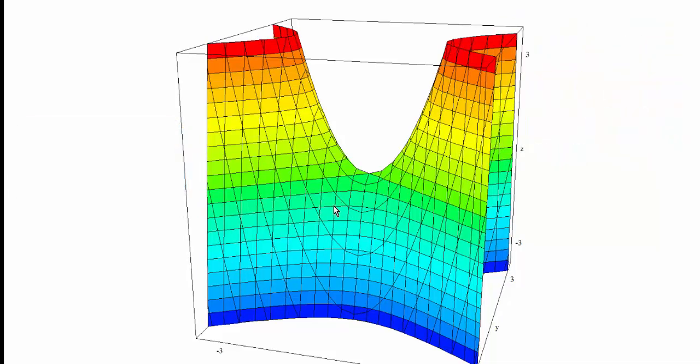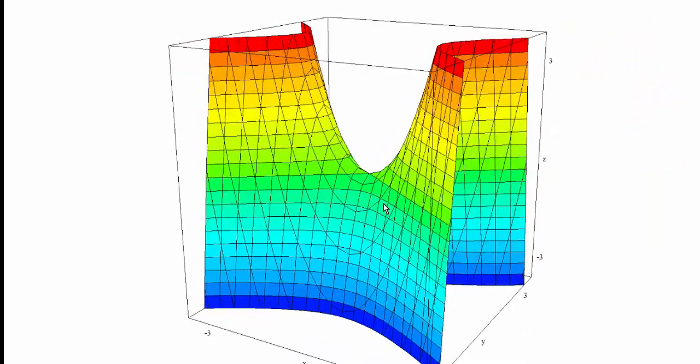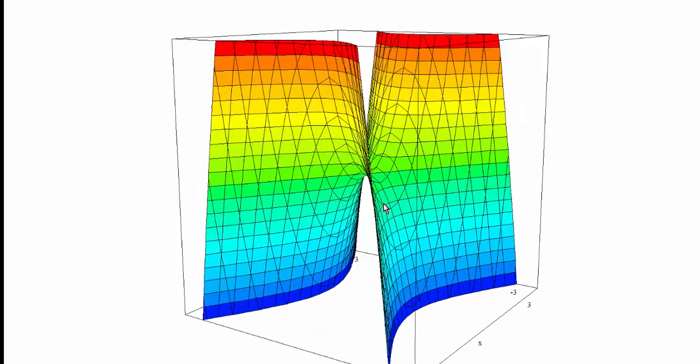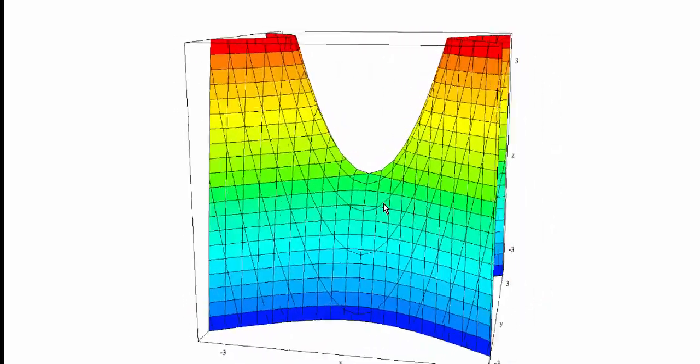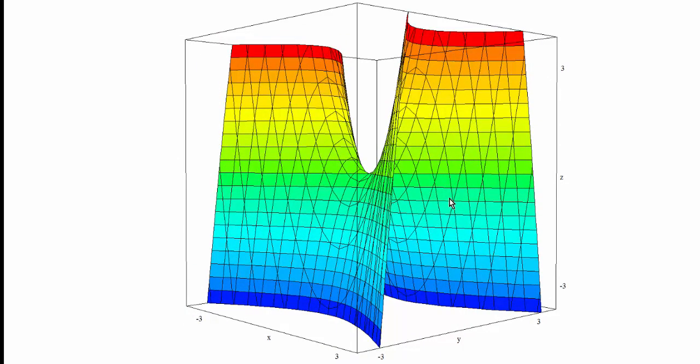If I take a look at this surface, I've got it plotted for the x's going from -3 to +3, and the y's go from -3 to +3, and the z. So I'm in like a 6 by 6 by 6 cube.